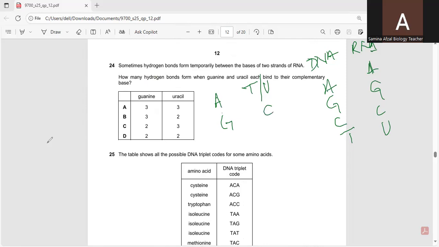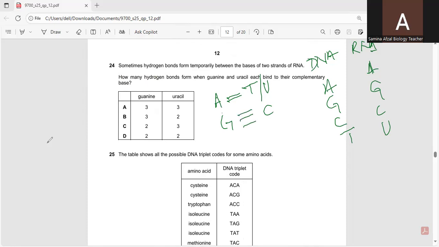Adenine and guanine are purines, and thymine and cytosine are pyrimidines. When adenine pairs with thymine or uracil, two hydrogen bonds form. And when guanine pairs with cytosine, there are three hydrogen bonds.